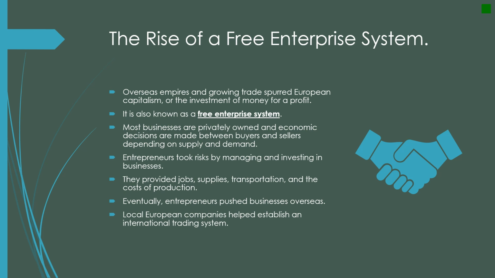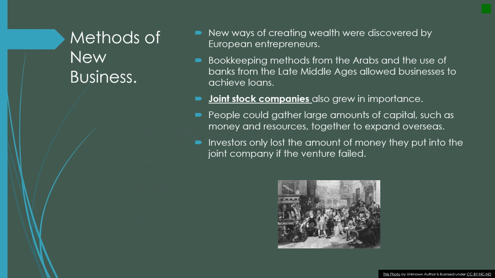Entrepreneurs are going to take risks by managing and investing in businesses, and they're going to provide the jobs, the supplies, the transportation, and the cost of production to help these businesses grow in Europe and eventually overseas as well. So local European companies are going to help establish an international trading system.